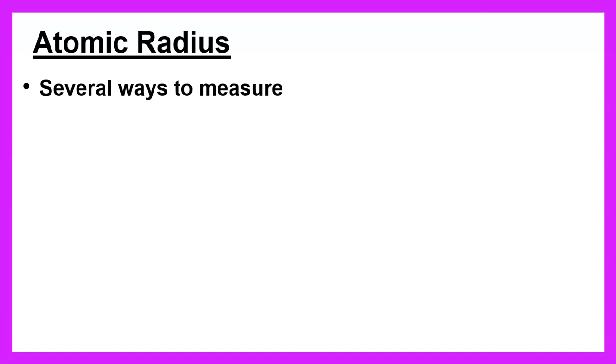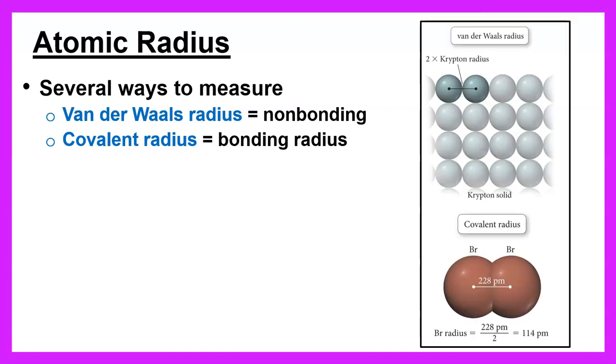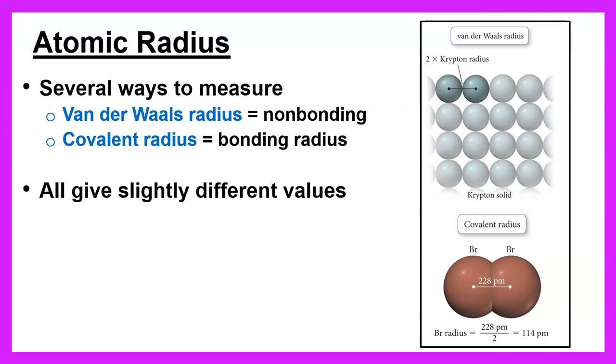So they come up with creative ways to do this. Sometimes they bond the atom, sometimes they don't. Whatever method they use is going to give slightly different values compared to other ones. That's why when you look up the radius for something online, you may see slightly different numbers because they may be measuring them in different ways.